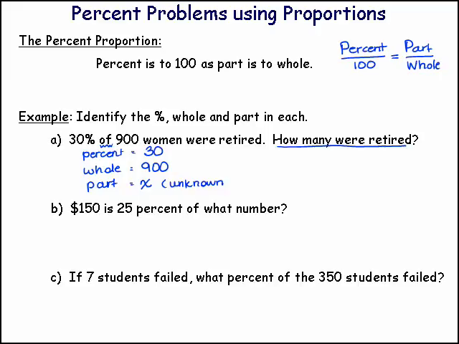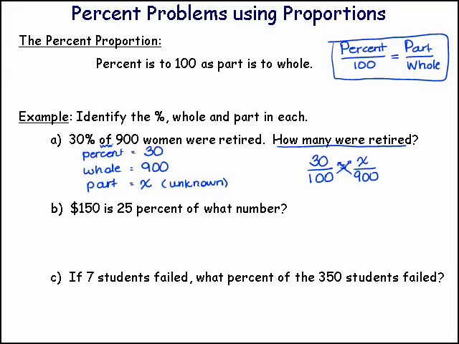This one didn't really ask us to solve these, but I'm going to solve them because I want you to see that part too. So let's put it into our equation. Here we have percent is 30 over 100, equal to the part, which is x in our case, over the whole, which is 900. Now, just like how we solved proportions earlier in this chapter, you just cross multiply.